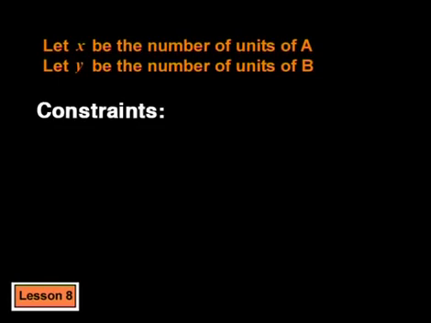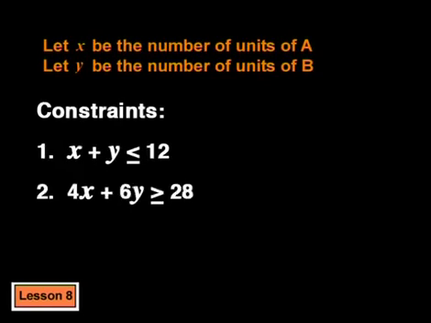Let x be the number of units of A and y be the number of units of B. Then the given constraints are x plus y less than or equal to 12, 4x plus 6y greater than or equal to 28, y greater than x, and y less than or equal to 3x.